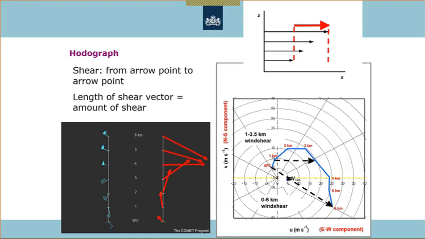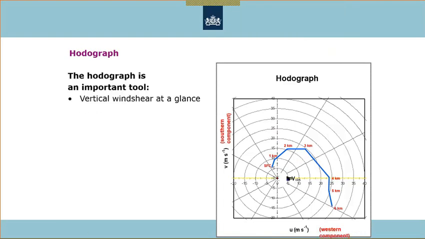Furthermore, you can also look at other model layers, which can be important when we finally look at the effective wind shear, which is in the end crucial for having a very representative estimate of what is happening in the atmosphere. But the hodograph is an important tool to have a vertical wind shear at a glance.